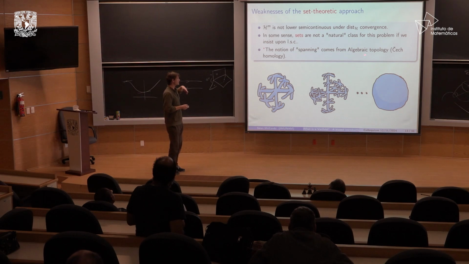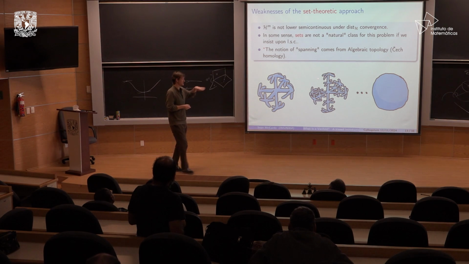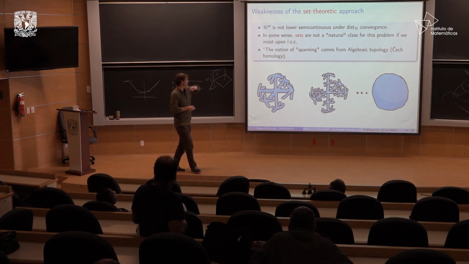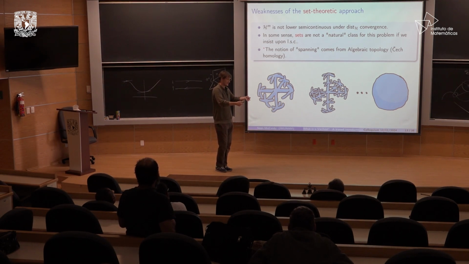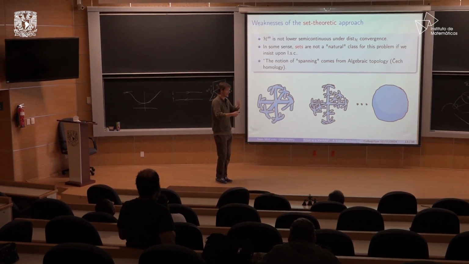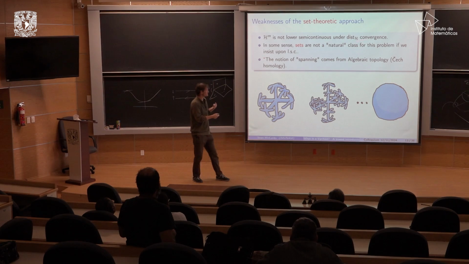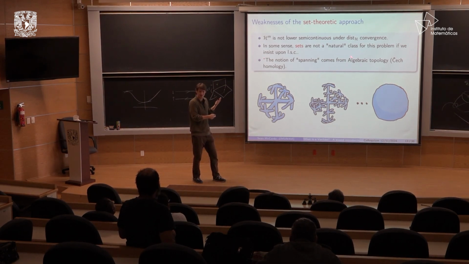I know that there are other notions of what it means to span a boundary, which don't use this Čech homology. But because you're dealing with sets, I have a hard time imagining other notions of convergence than this Hausdorff distance.